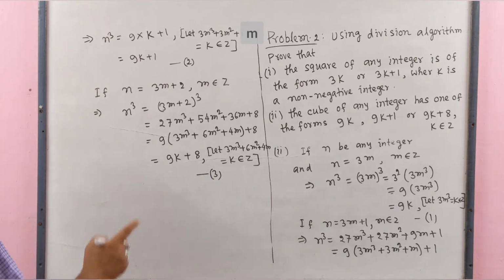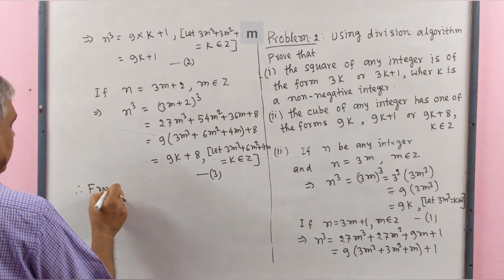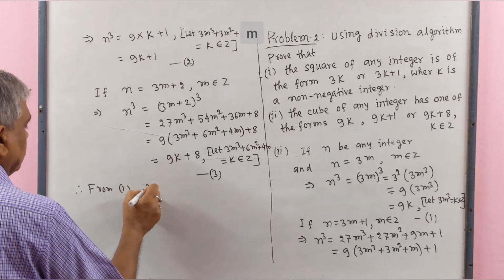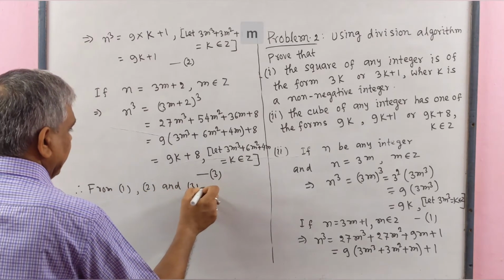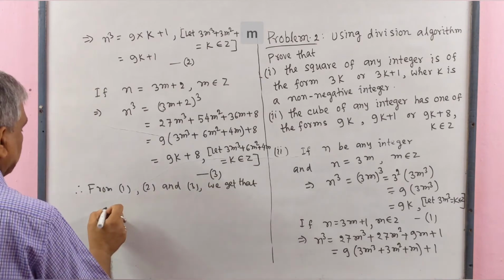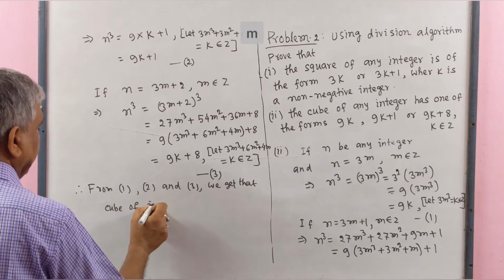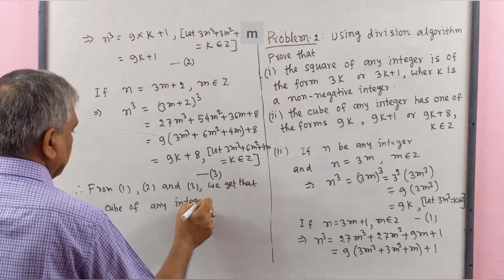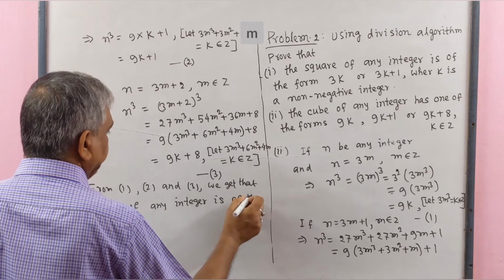Therefore, from 1, 2 and 3, we get that the cube of any integer is of the form 9k, or 9k plus 1, or 9k plus 8.